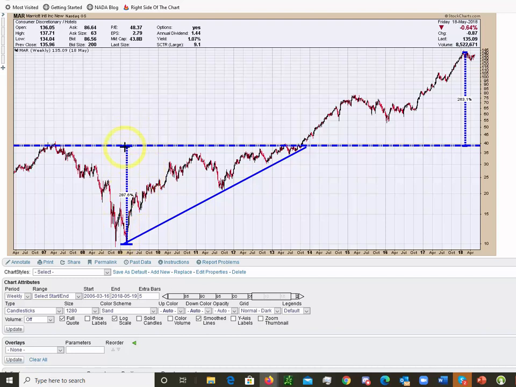But it just goes to show that here you would have probably thought it unimaginable that you would get a triple after all this time. But it did play out, and really didn't give you a whole lot of reason to get out of the trade. You might have gotten out here or something, but it was pretty steady all the way up.